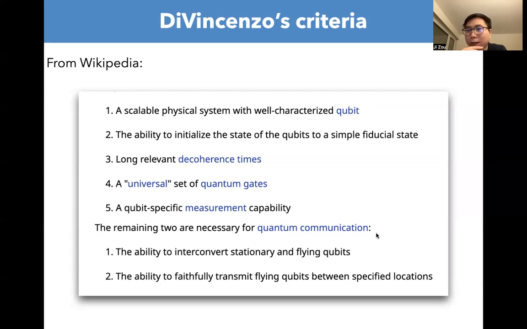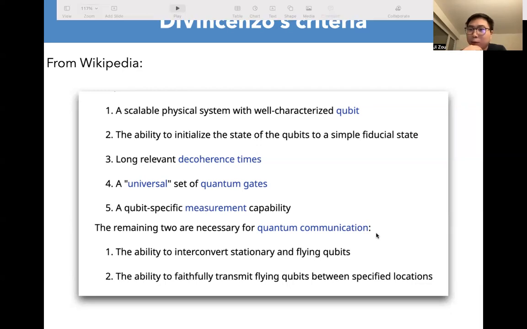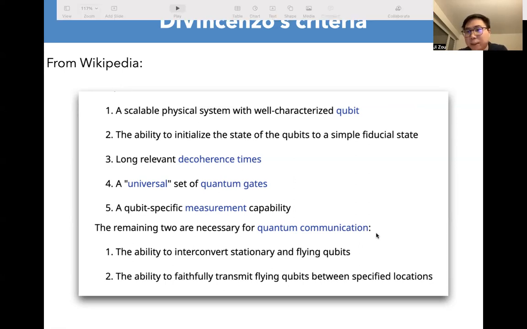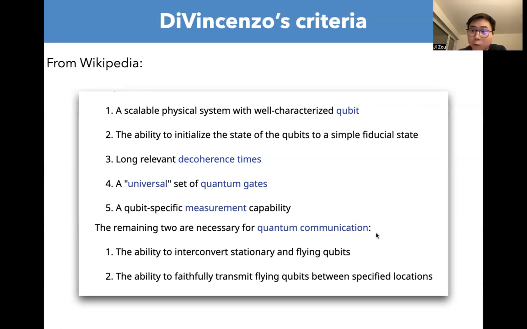Besides, we also require that when this flying qubit moves from one location to another, the process should be coherent enough such that there would be no information loss during this traveling process. So hopefully I will convince you that our proposal, this domain wall qubit, can be utilized for both quantum computing and quantum communication.